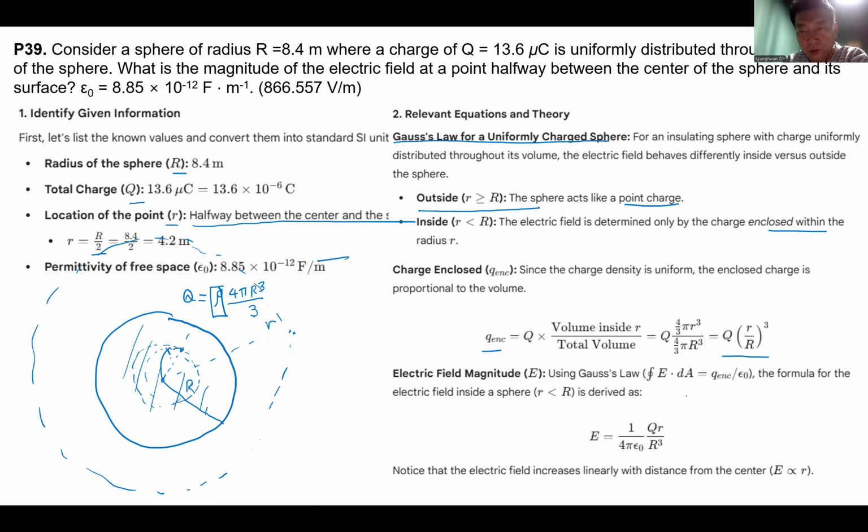And then the electric field is given by this one. And then this is E times 4 pi r squared. And then this is proportional to r cubed, such that you will get the electric field linearly proportional to r. Okay.